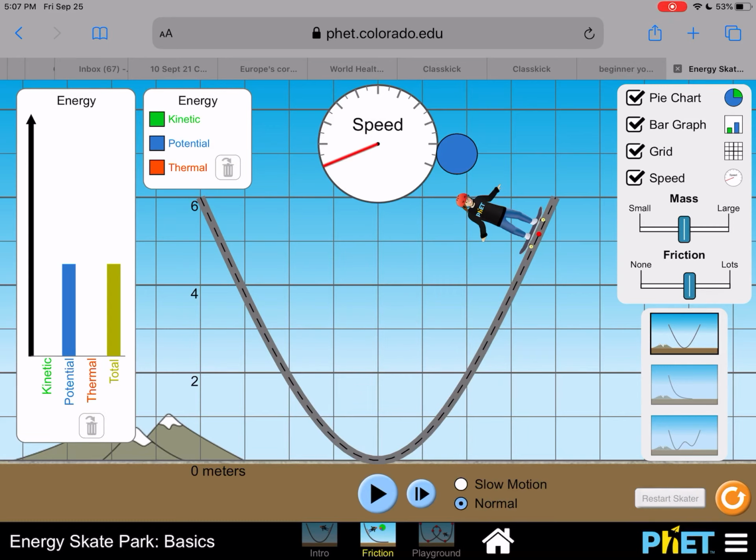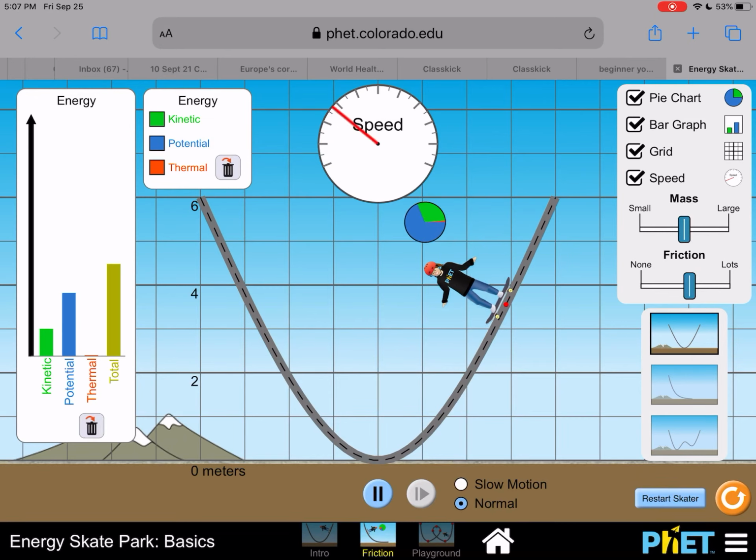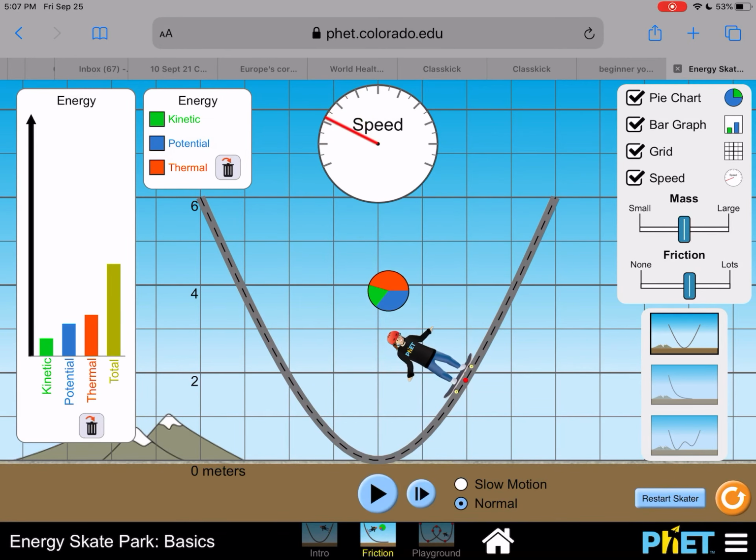So you need to say something in your claim like, when the kinetic and gravitational potential energies trade off, I like to say their sum decreases, S-U-M, the sum, like I add them together. Their amount is getting less as the thermal energy gets more. So the amount that the kinetic and potential energy are sharing is getting lower, and more of that energy is being transferred into the thermal energy column.